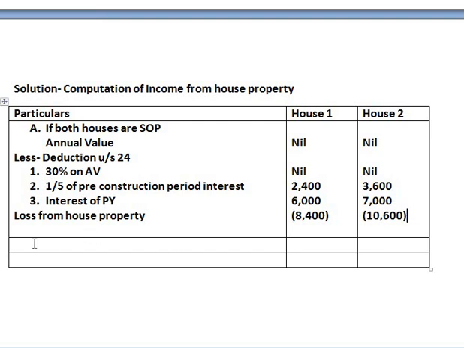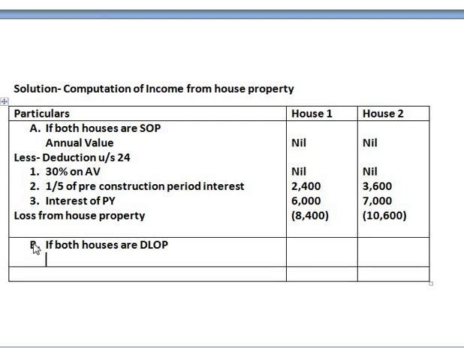Now we have to solve the sum assuming that both the houses are deemed to be let out property. So if both houses are DLOP, deemed to be let out properties, in that case we have to follow the steps.